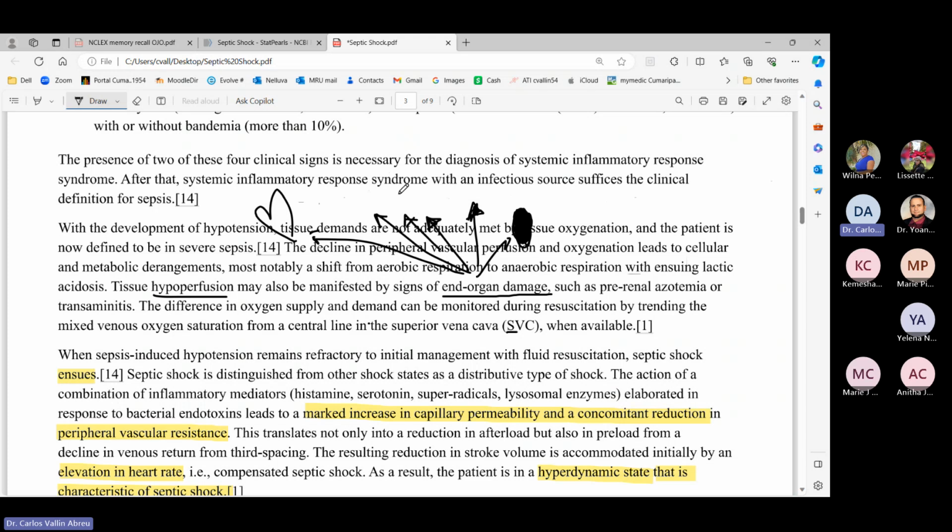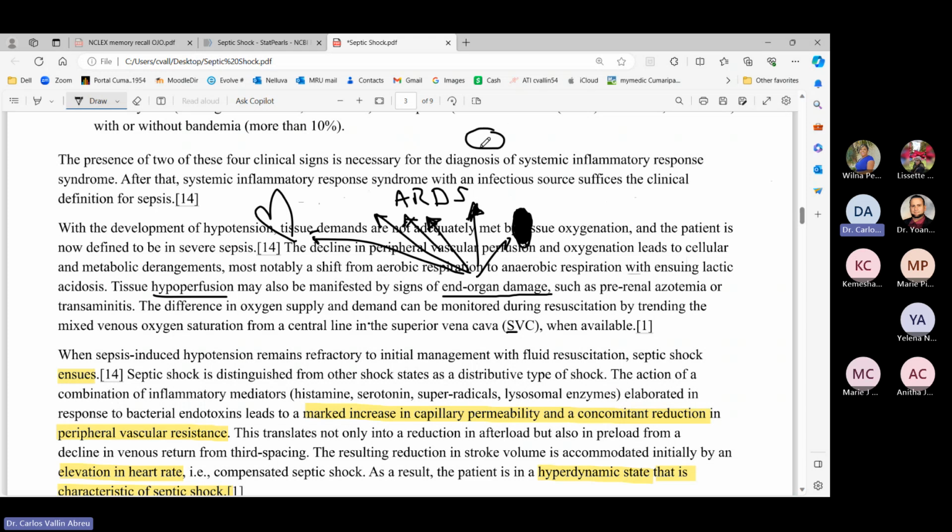Then the lungs. Remember this syndrome that is also important for your NCLEX, okay? That is called acute respiratory distress syndrome, ARDS. This is the condition that produces a non-cardiogenic pulmonary edema with severely impaired gas exchange and very severe hypoxemia that requires assisted ventilation.